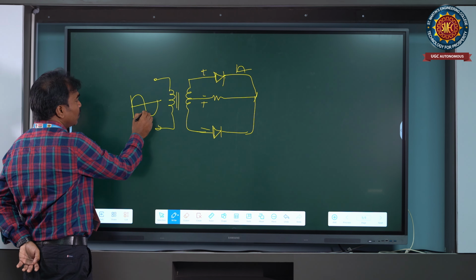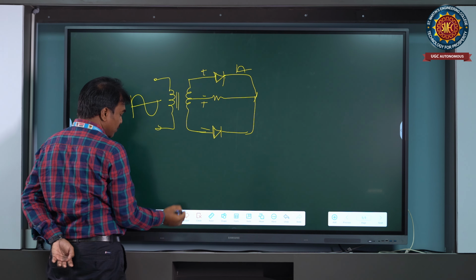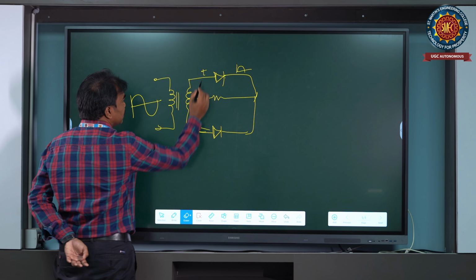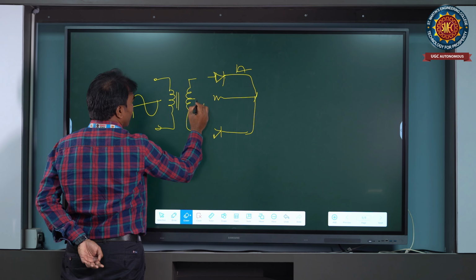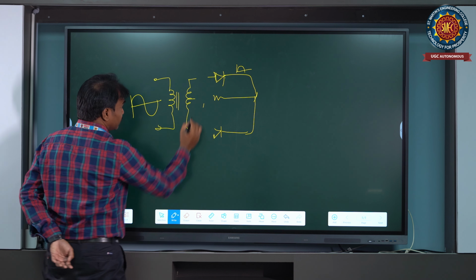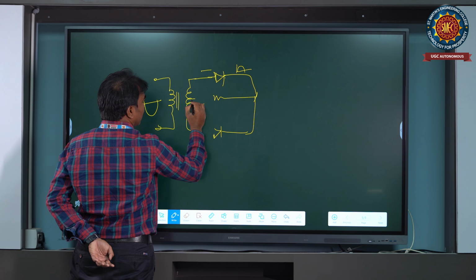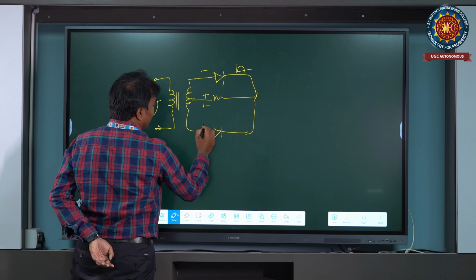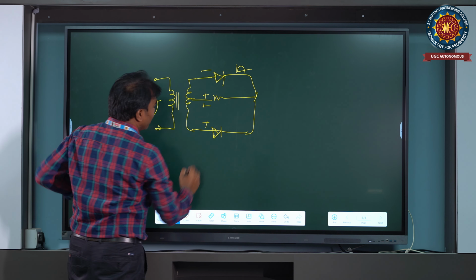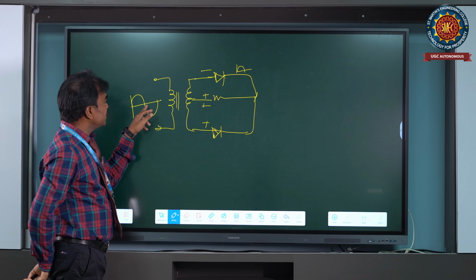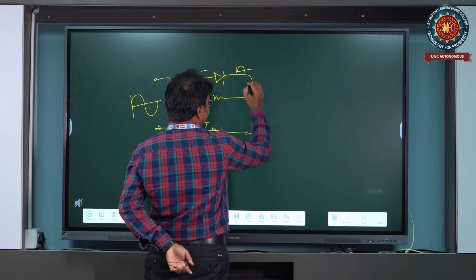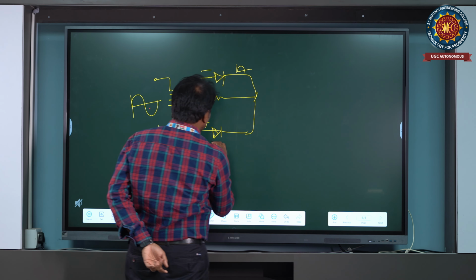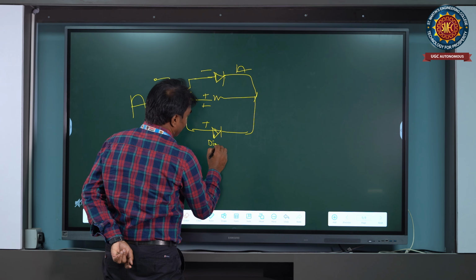Now coming to the negative going pulse, the polarities reverse, so the other diode will be on.